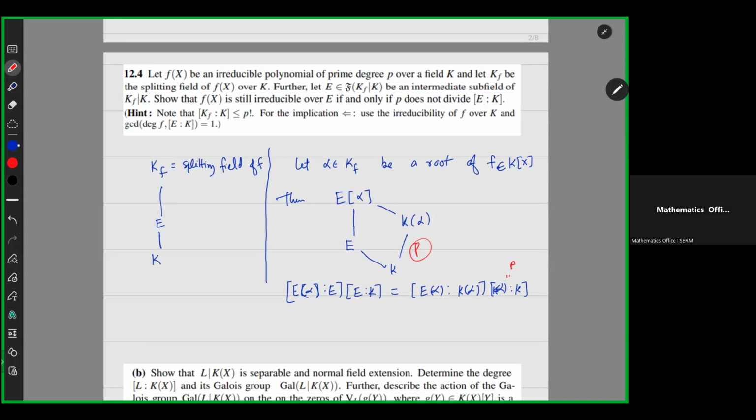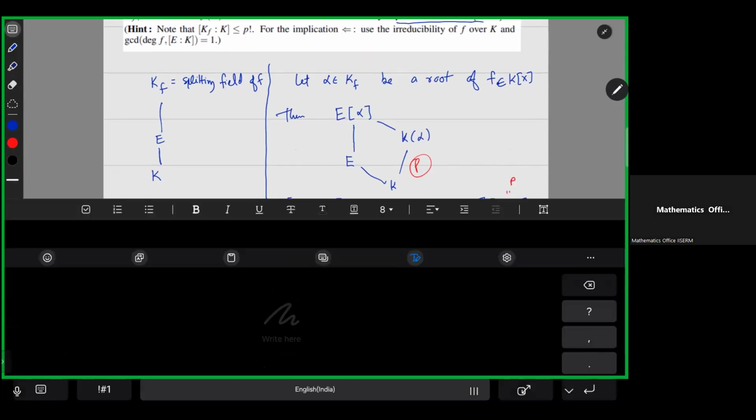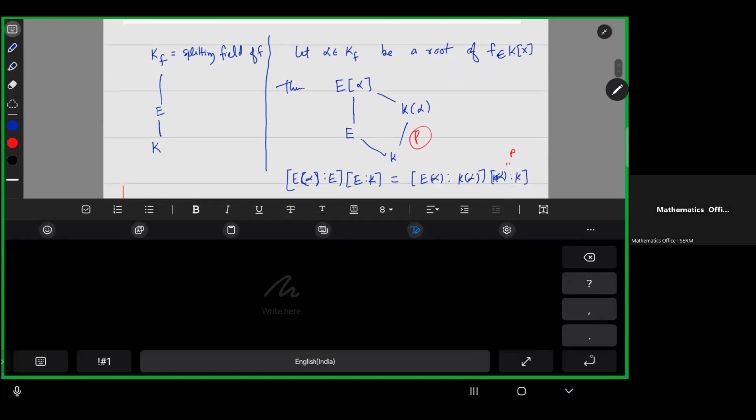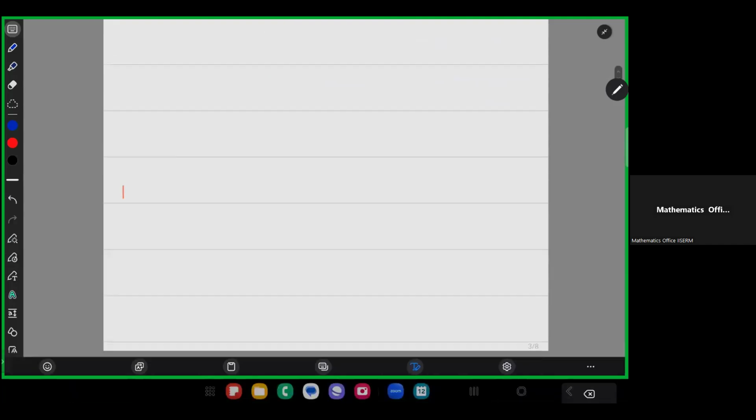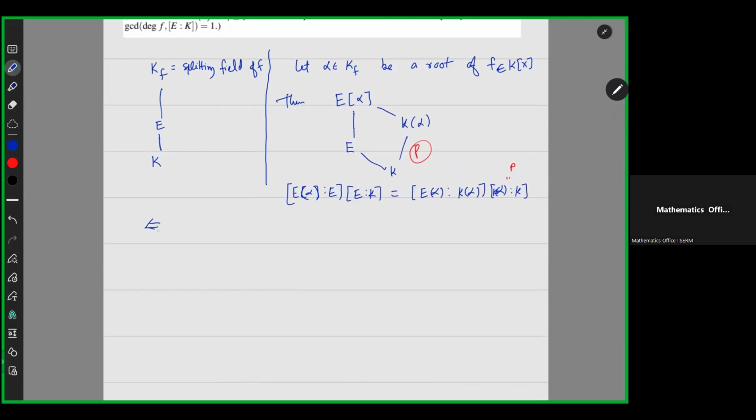Now, okay, so let's say if you assume that P does not divide the degree of extension E over K, then what do we conclude from here?